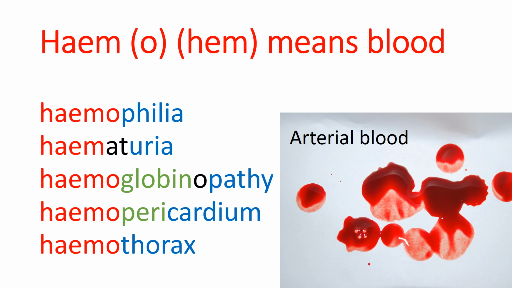Now, haemophilia is an interesting word, and to tell you the truth, I'm a bit stuck on this one, because haem means blood, and philia actually means love, as in Philadelphia, the city of love. Because what haemophilia actually is, is a blood clotting disorder. For genetic reasons, the body doesn't produce one of the essential clotting factors called factor VIII.